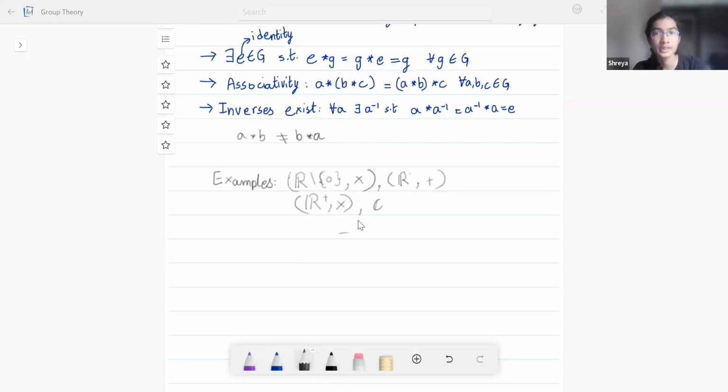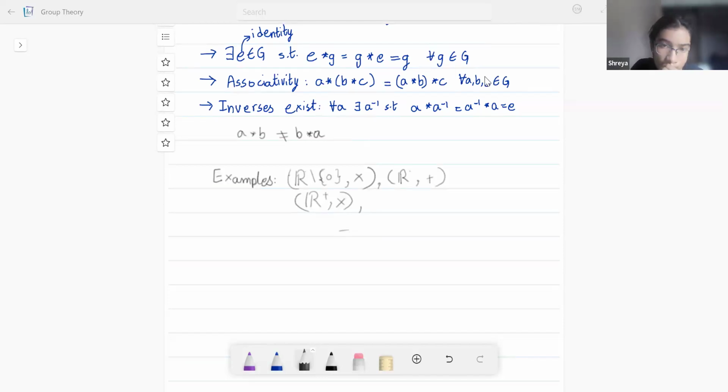Yes, okay, good point. Positive rationals under multiplication, that is true. What do you mean by modulo? Do you mean real numbers under? Okay. Matrices, invertible matrices.